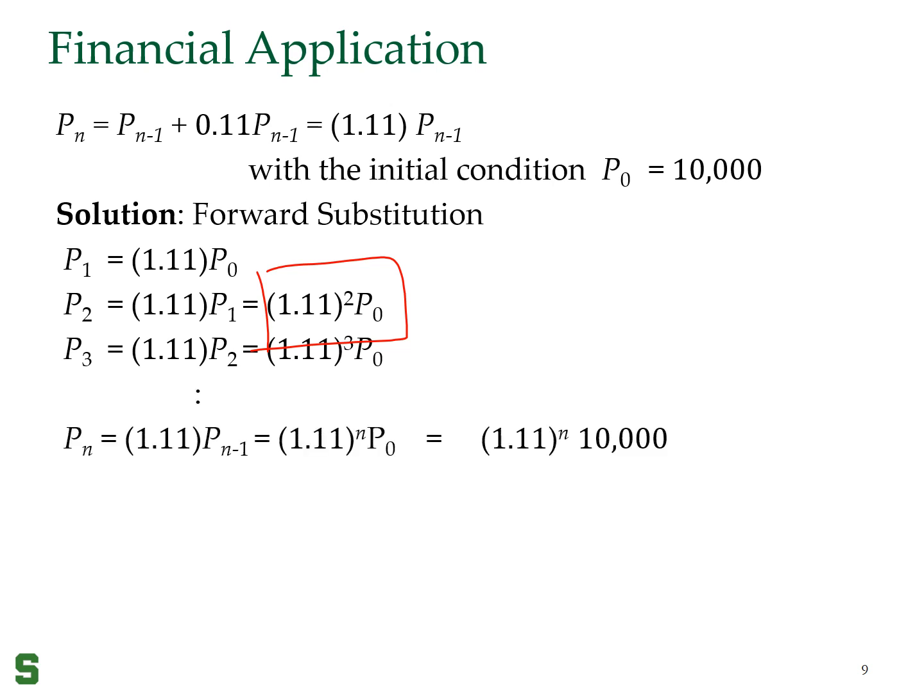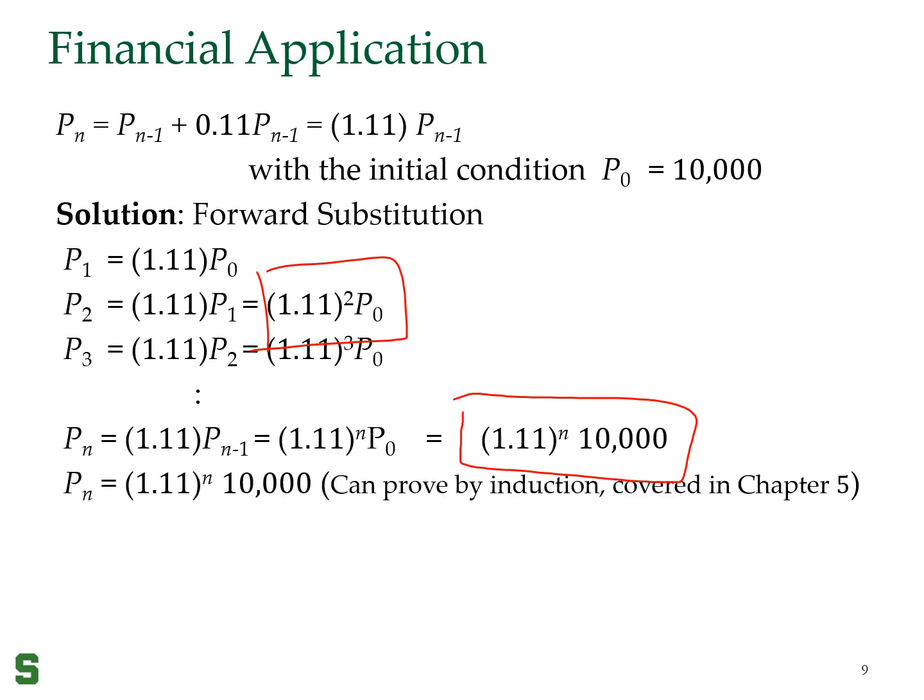We can continue, and we will see that P_n is 1.11 to the power n times 10,000. We can prove this by induction, which is something we will study later. Now we can put n equal to 30 to get the answer that we want. In this case, it is 228,992.97.